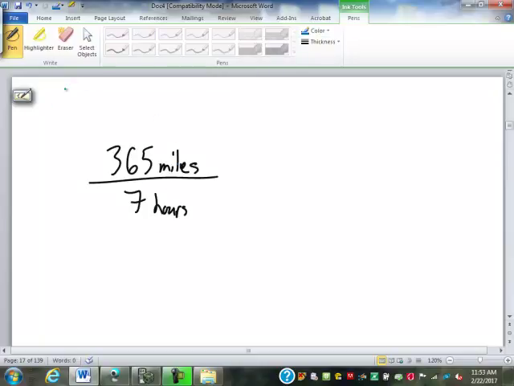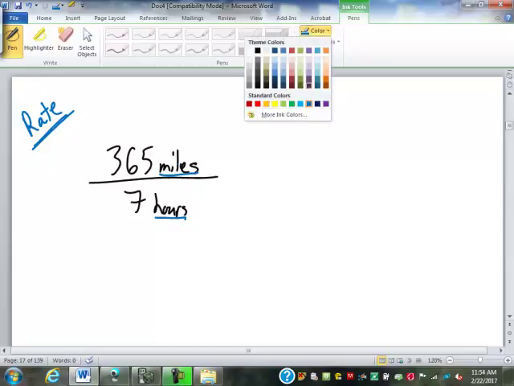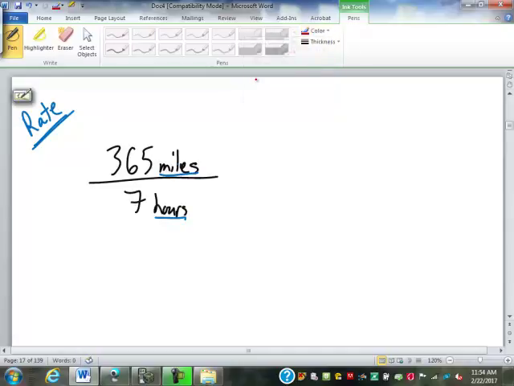So this is not a ratio. This is what we call a rate. So that's the first big difference between a rate and a ratio. A rate compares two things that have different units, and a ratio must compare two things that are the same.